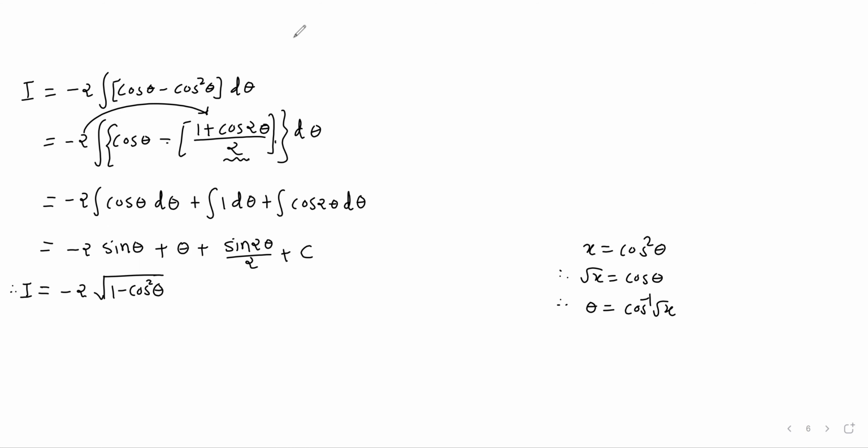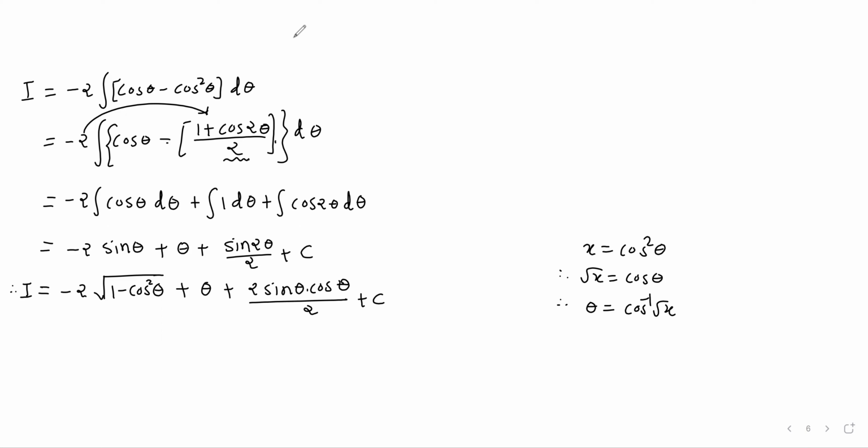It is a simple trigonometric form. 1 minus cos squared theta. Theta is replaced with cos inverse again, theta remains as it is. Again sin 2 theta, we are considering only theta, so 2 theta को theta में convert करना है. So again you substitute 2 sin theta cos theta upon 2 plus c.